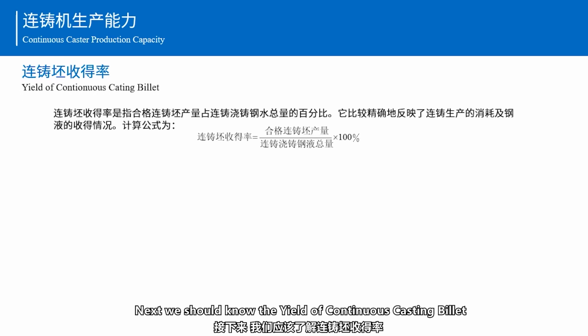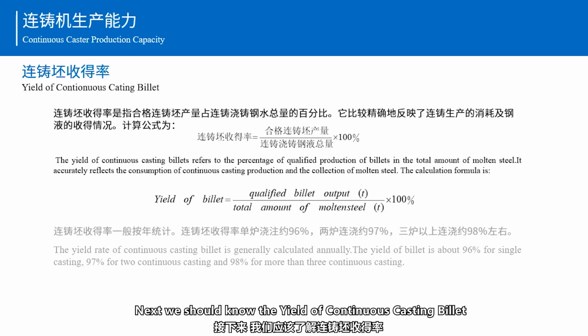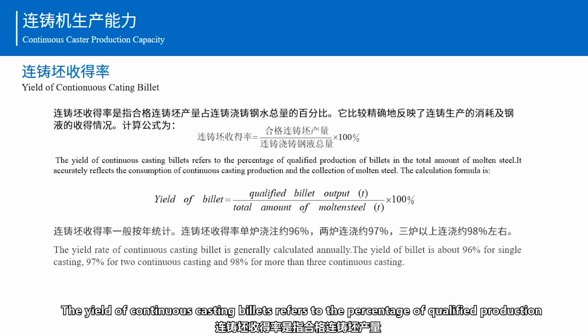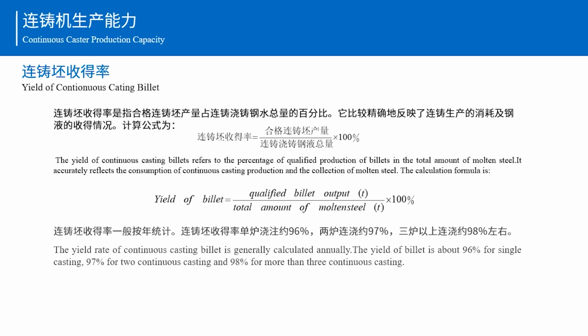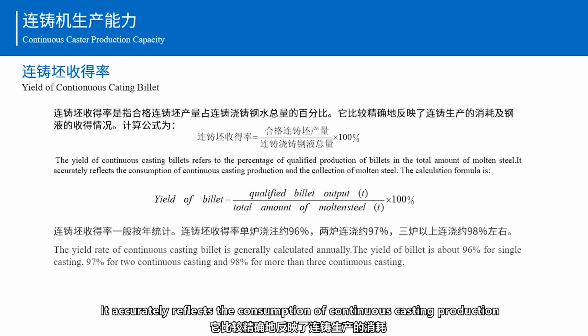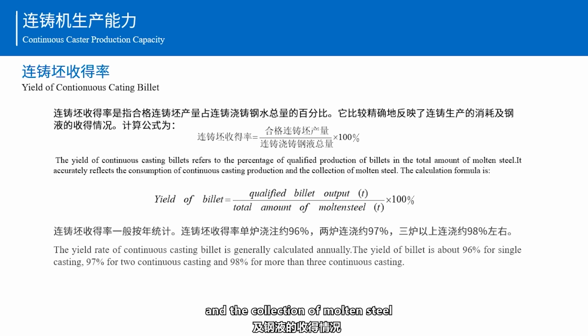Next, we should know the yield of continuous casting billet. The yield of continuous casting billet refers to the percentage of qualified billet production in the total amount of molten steel. It accurately reflects the consumption of continuous casting production and the utilization of the molten steel.